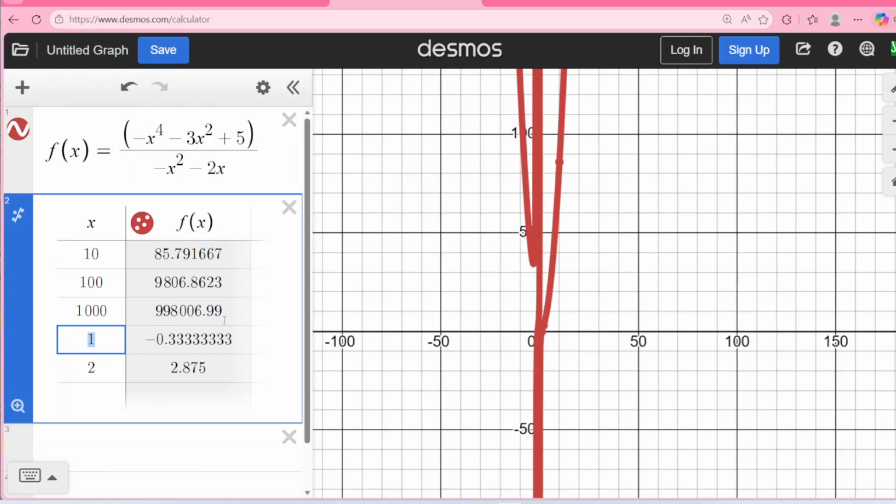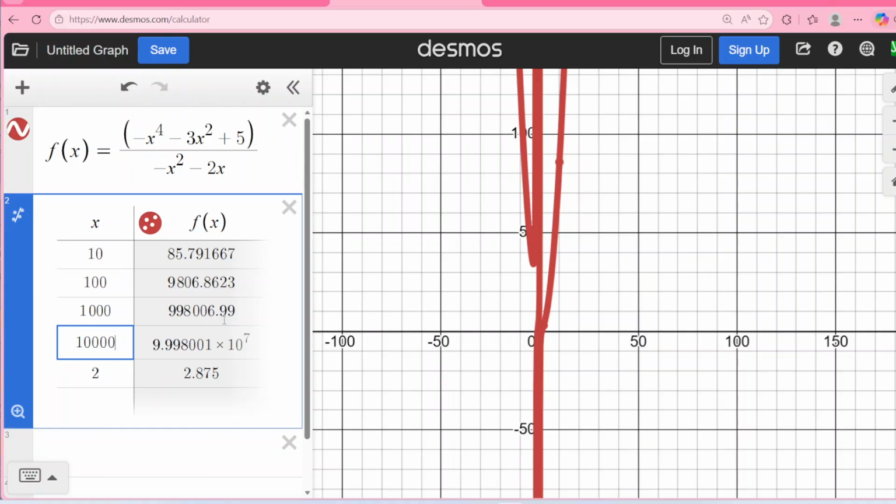Plug in 10,000. Now, remember this times 10 to the 7th meant move the decimal point to the right 7 places. So this is a very, very large number. It's almost 10 to the 8th, almost a 1 with 8 zeros after it, 100 million. So plug in 10,000, the output's almost 100 million.